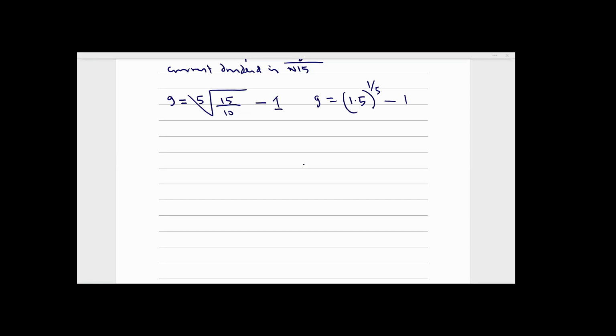The second method, which is B, Gordon growth model.